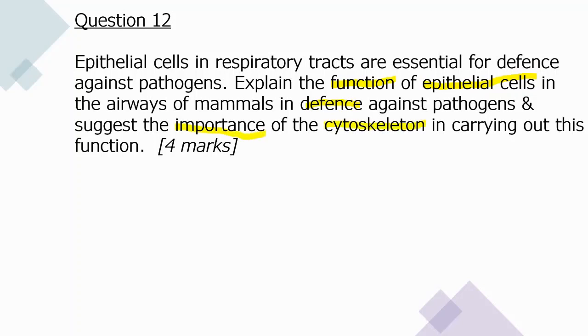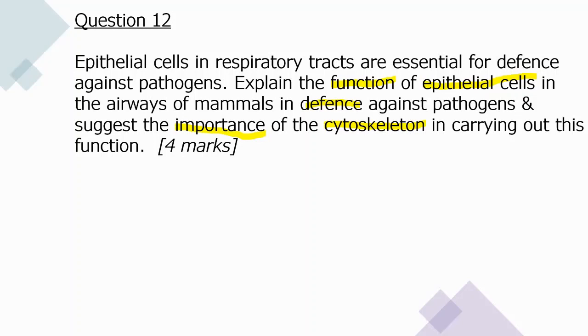So we know that epithelial cells produce goblet cells and mucus. So goblet cells are what secrete and produce this mucus, and the mucus itself is what traps pathogens. So then epithelial cells are also involved in phagocytosis. So neutrophils, macrophages, and lysozyme are also produced in order to defend against pathogens and for the epithelial cells to regrow.